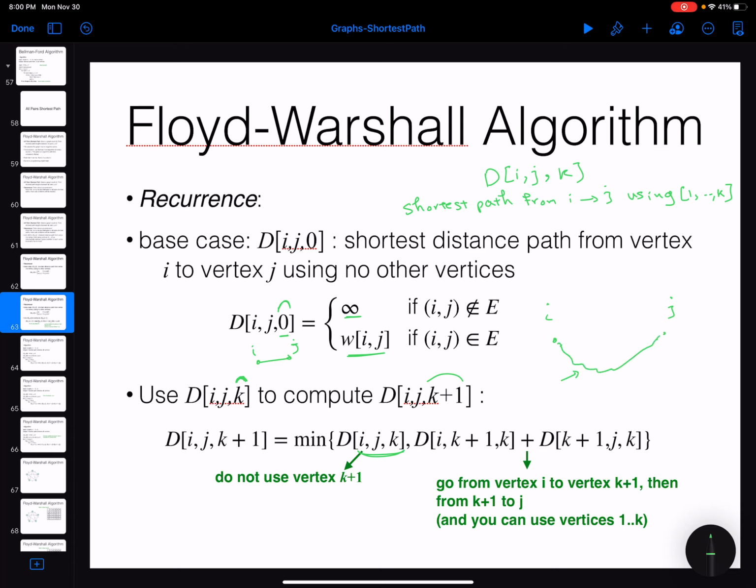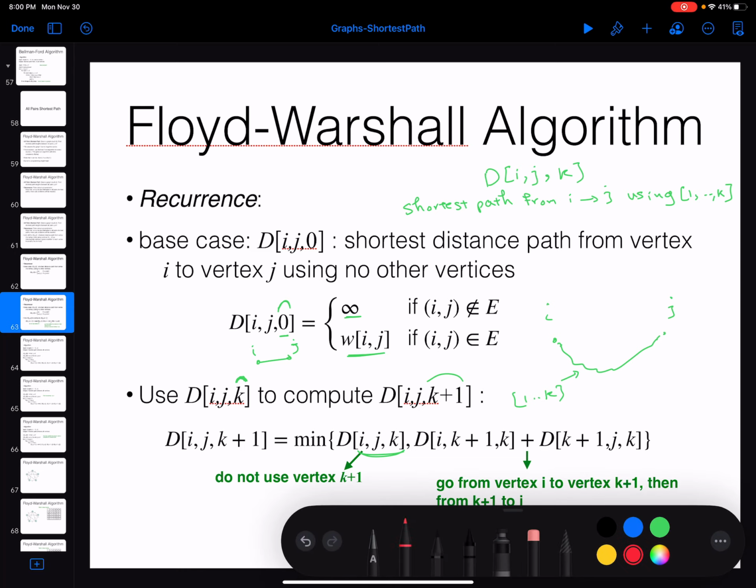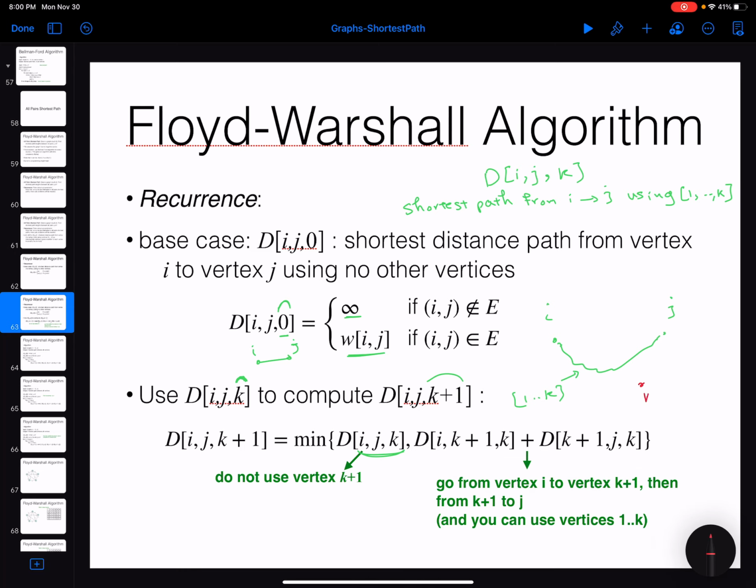This is the path using k, the nodes from 1 to k. Just assume that this is a new node k plus 1. So the cost of d of i, j, and k plus 1 is the cost of going from i to this node, and then going from this node to j.